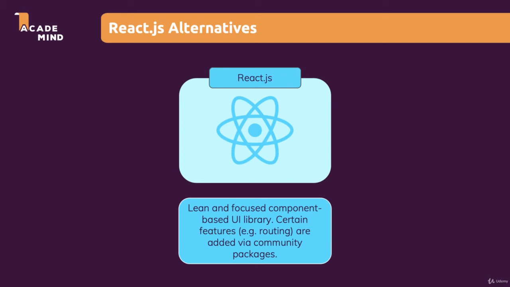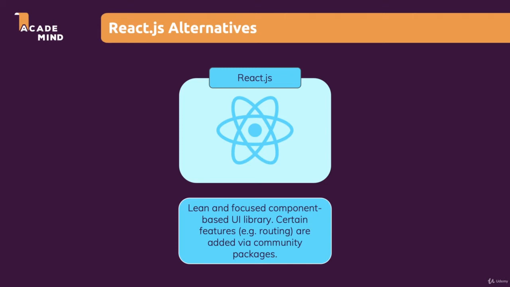Because React itself really just focuses on these components, which we're going to learn about in greater detail later, what exactly they are and how we create them, and how it then renders these components and your user interface onto the screen. That's the focus of React, and extra functionality, which you might need for your React app, therefore sometimes has to be added with help of some third-party package.